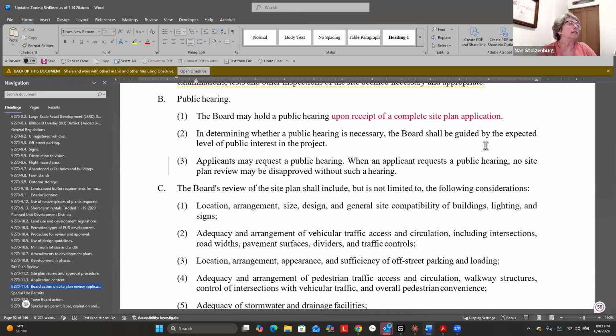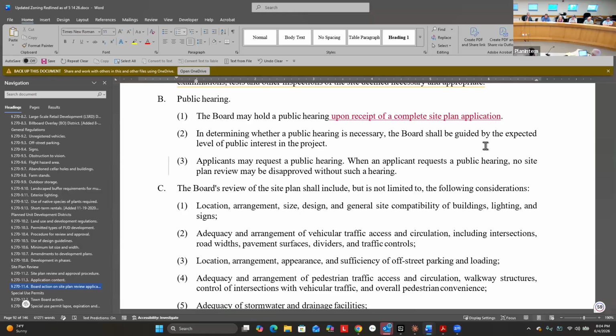Can you just leave it? I don't think we want to delete it. I don't know if we want to make it clearer what it means, but do we define public interest? It's such a huge ball of wax in planning literature and legal literature. If you want to leave it, it's pretty open-ended.